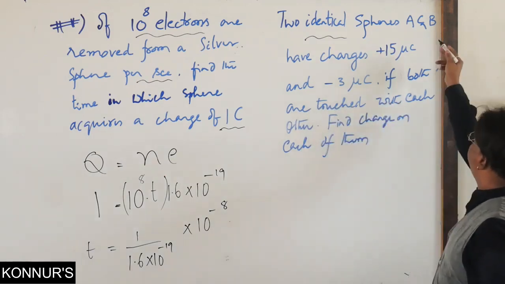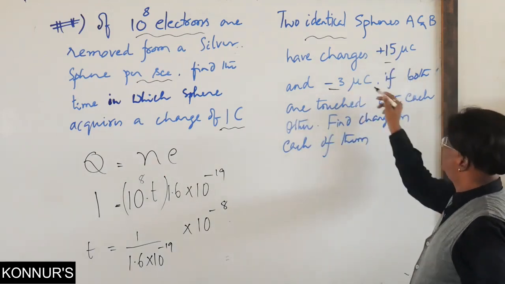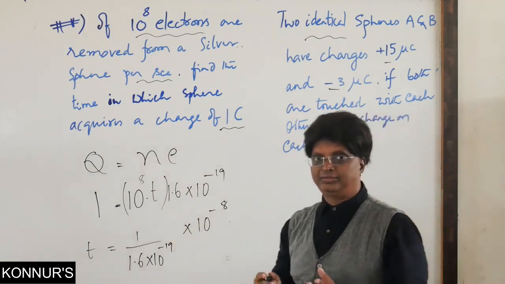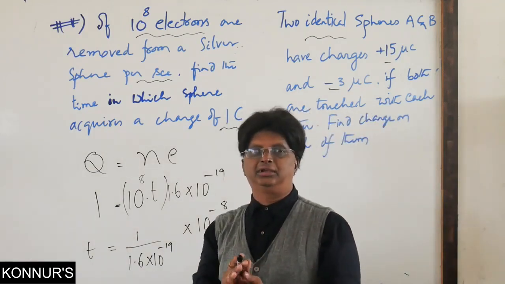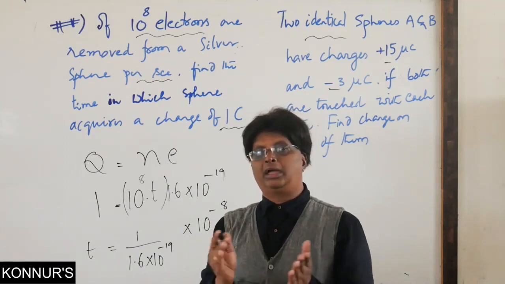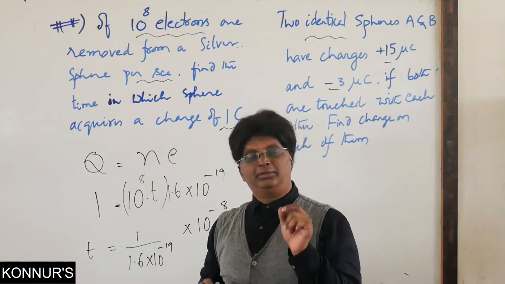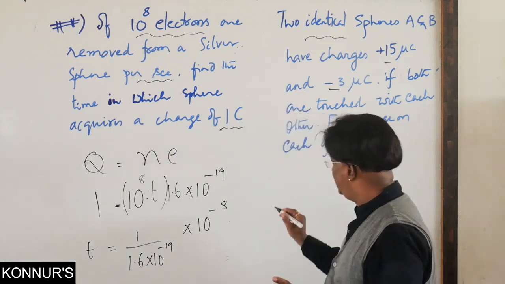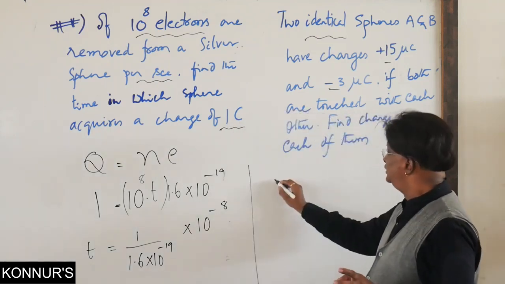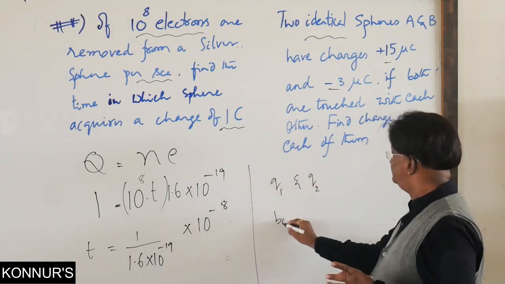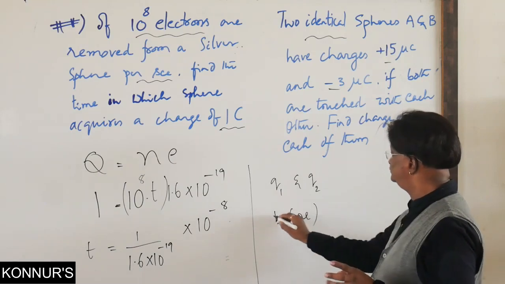Now, identical spheres, charges, touch each other. Earlier we have told conservation of charge. Whenever two systems are interacting, coming into contact, then what happens? Redistribution of charge, such that for the case of same size, we have told this identity. So Q1 and Q2 are the charges before touching.